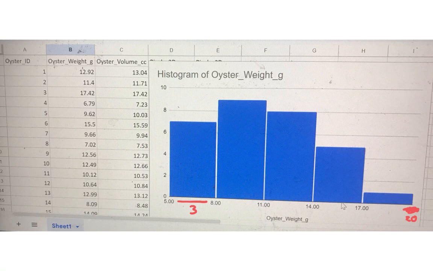So same idea. Now we have 1, 2, 3, 4, 5 bins. We kind of rounded to say our min was 5 and our max was 20. So our range is 20 minus 5, 15. There's 15 grams between our largest 20 gram and our smallest 5 gram.